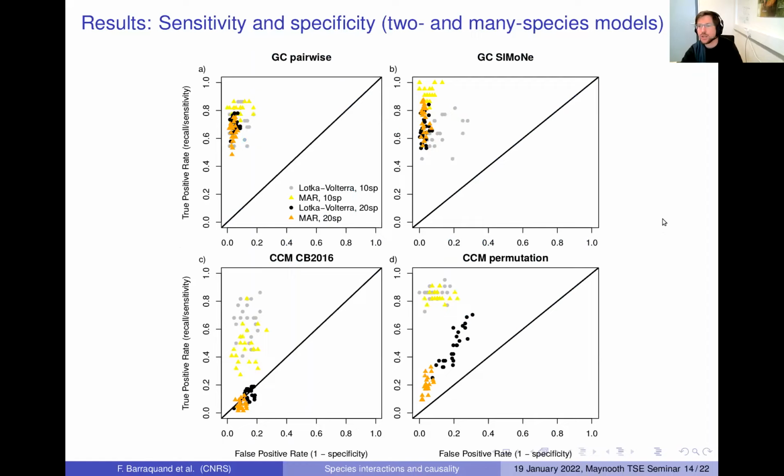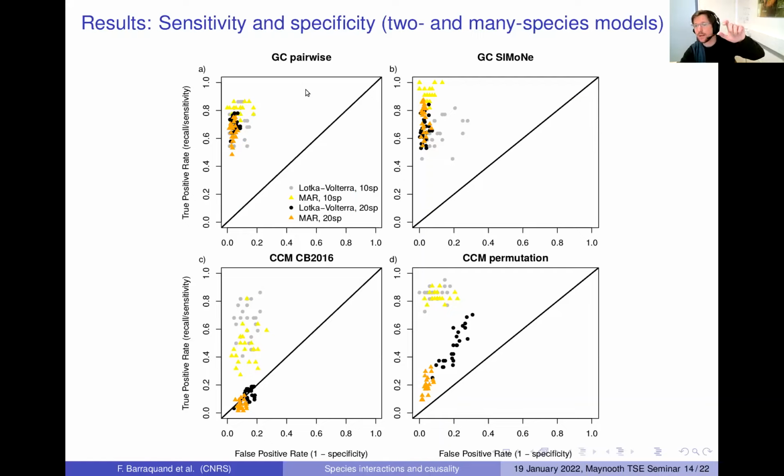So I show you here the same results, but a little bit differently. The results you've just seen for many species are on the top left panel because these were results for pairwise testing.